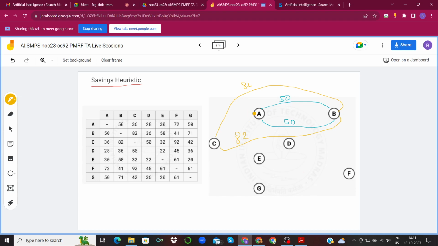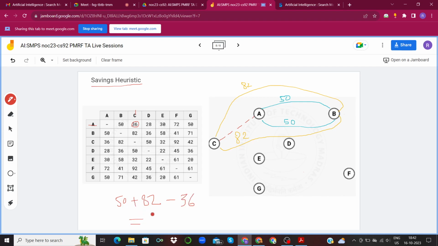Now suppose you want to add an edge between A and C. So you want to drop one edge between A to B and one edge between C to B, right? And the total cost of that would be how much? You know that A is connected to C with value 36, right? So the cost would be 50, which is the cost of connecting A and B, plus 82, cost of connecting B and C, minus the cost of connecting A and C, which is 36, right?